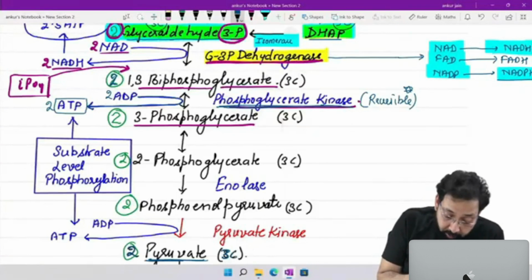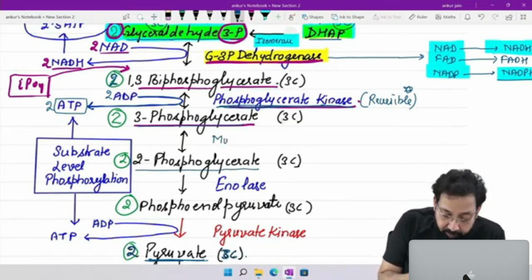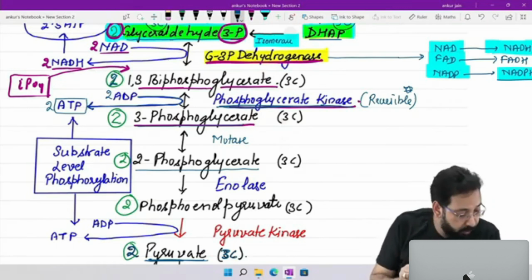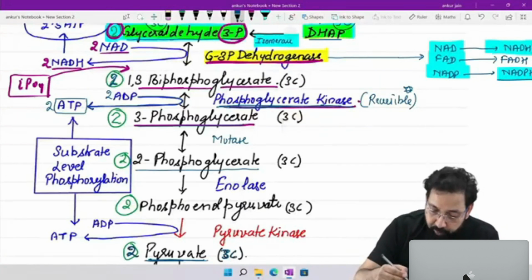Now 3-phosphoglycerate is converted to 2-phosphoglycerate by the enzyme mutase. What is the name of the enzyme? Mutase. What is the function of mutase? Let me show you.